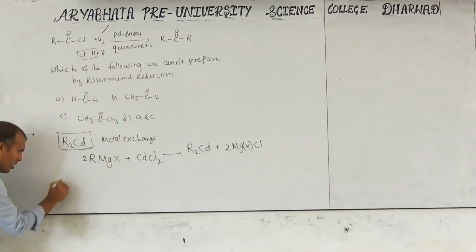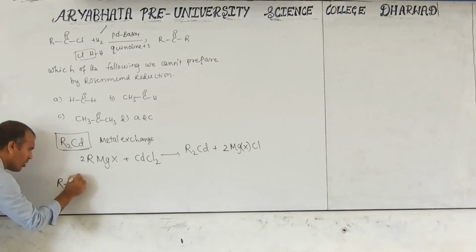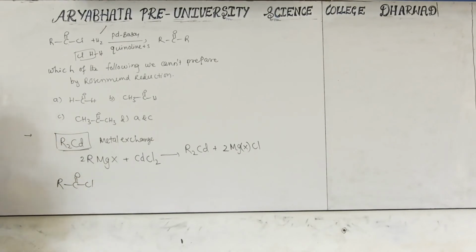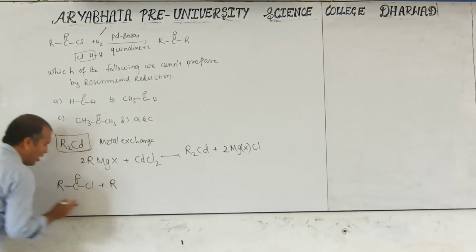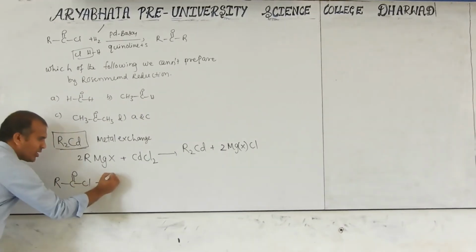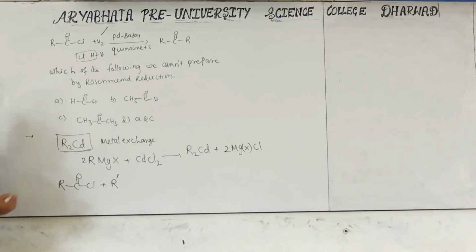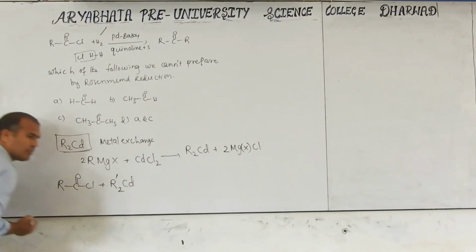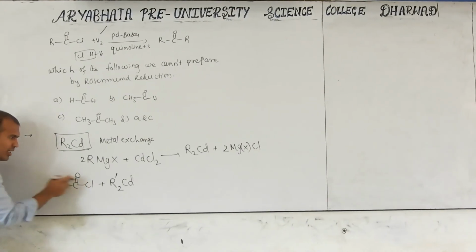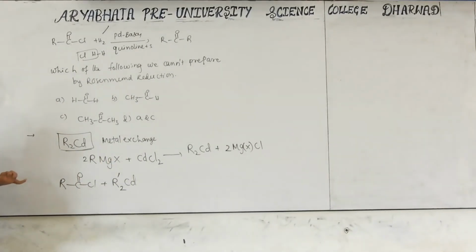Now take here RC double bond O, see this acid chloride. Then here this R, already given R here. That's why I wanted R dash to indicate separate, R2 cadmium. Otherwise here R dash and here remove, no problem. That is your choice.